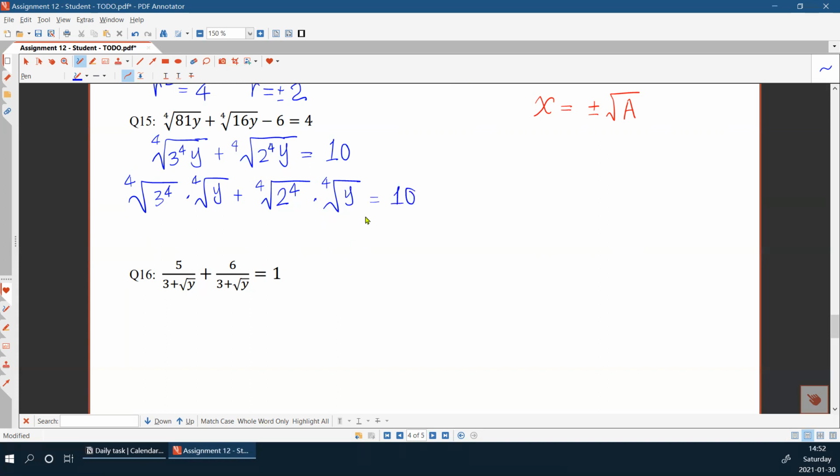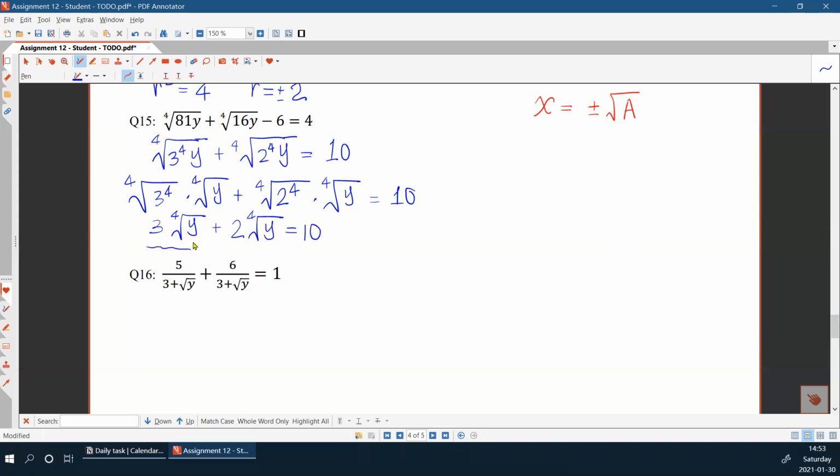Okay, this is actually 10. And here, 3 raised to the fourth power, and then find its fourth root. This is actually 3, right? And next term, 2 raised to the fourth power first, and then followed by finding its fourth root. This is, of course, 2. 2 times fourth root of y equals 10, right?